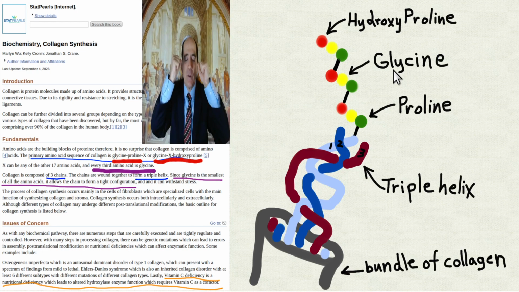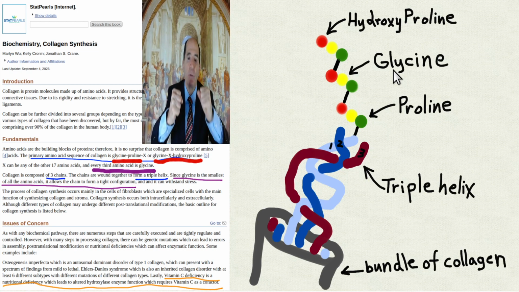These are like the wrapped around metal cords you see on the Golden Gate Bridge, suspension bridge. They're freaking strong, okay? That's what you want your collagen to be. But if you distort the shape of it with glyphosate substituting for glycine, the ligament is going to be a lot weaker. And if you don't have vitamin C, so you can't hydroxylate it, fluoride in your tap water also damages it.